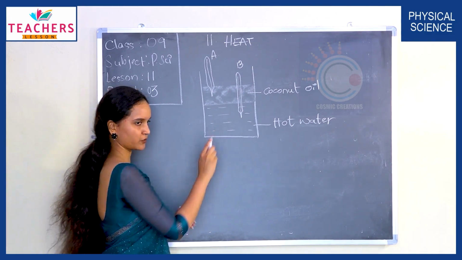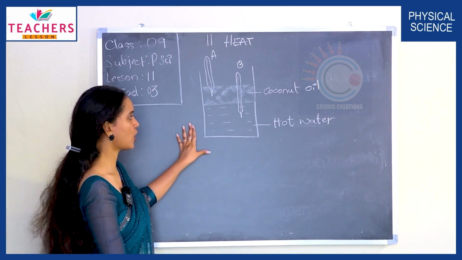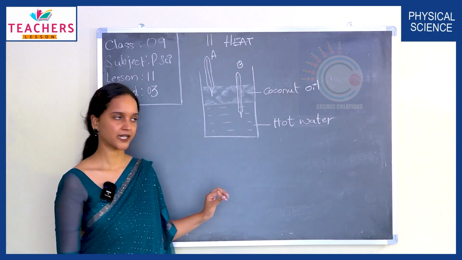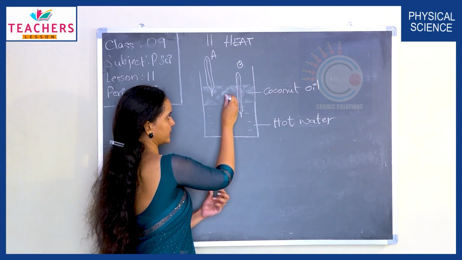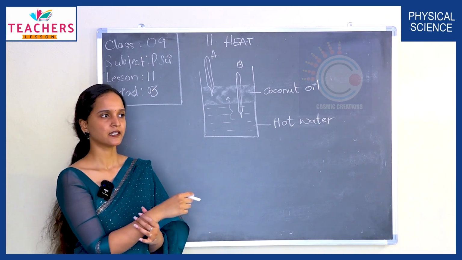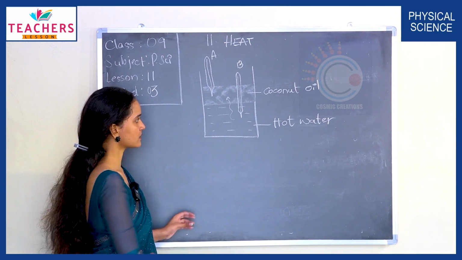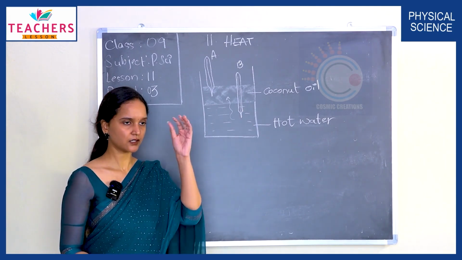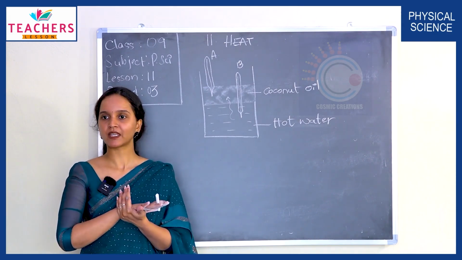This is the hot water. The heat energy flows from hot water to the coconut oil. Right? So that means heat energy is getting transferred like this. Right? So what happens? The kinetic energy of the particles of the hot water will start falling, will start getting reduced.